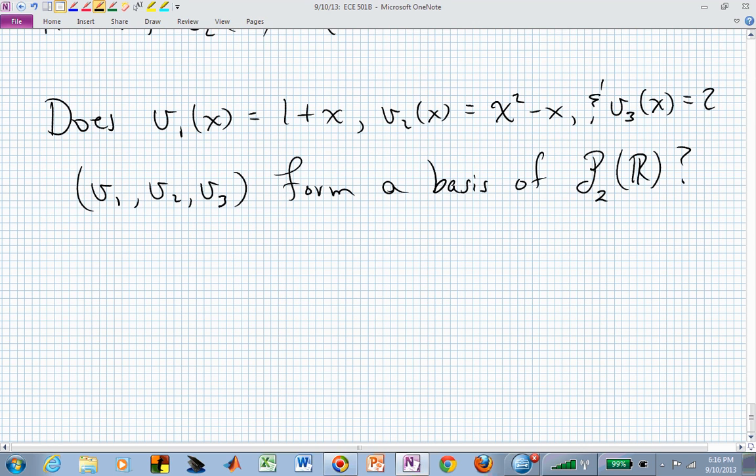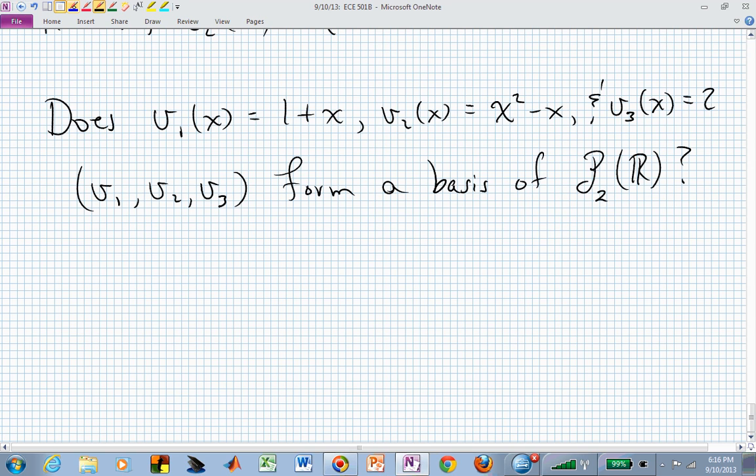And we really need to answer two questions. One, is this set of vectors v1, v2, v3 linearly independent? And two, does that set span all of this set of second order polynomials?